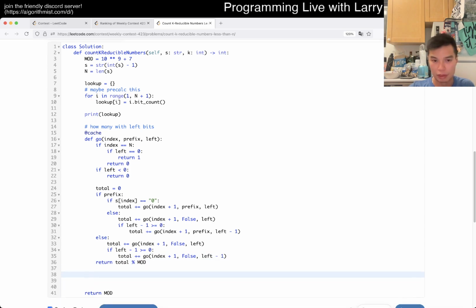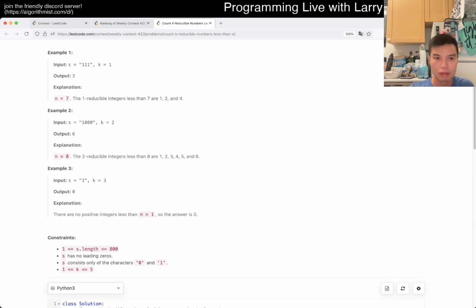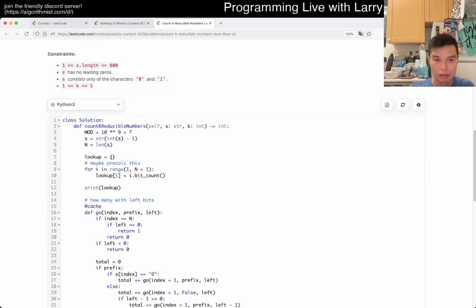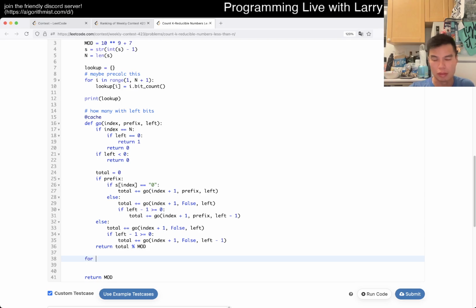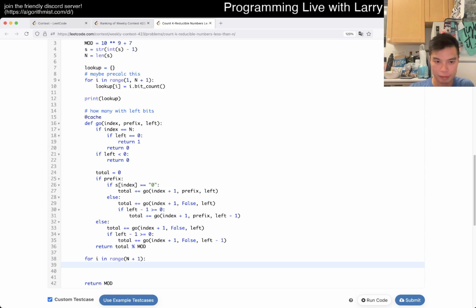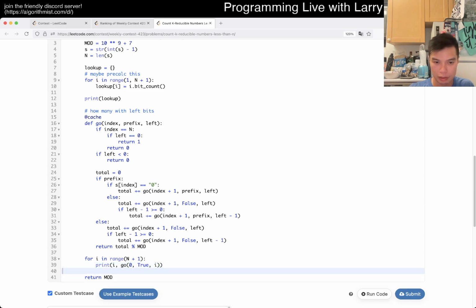And then now we just try the number of bits, which just goes from 0 to n plus 1. Zero, true, i. Okay, just for science.